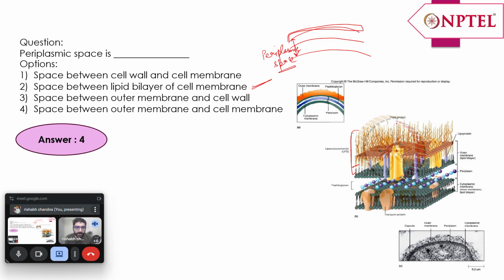It has porin proteins that are pores, which help in transport of molecules. It is basically a lipid bilayer that is attached to the cell wall. So the second layer is the cell wall, and after this we have the cytoplasmic membrane or the cell membrane.